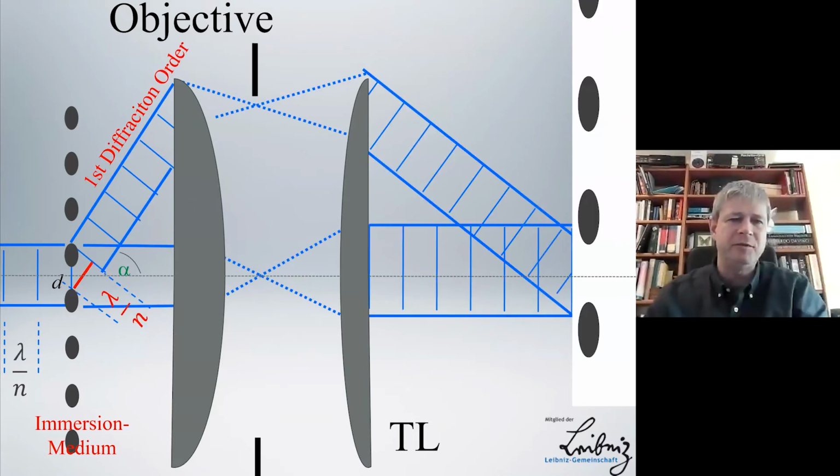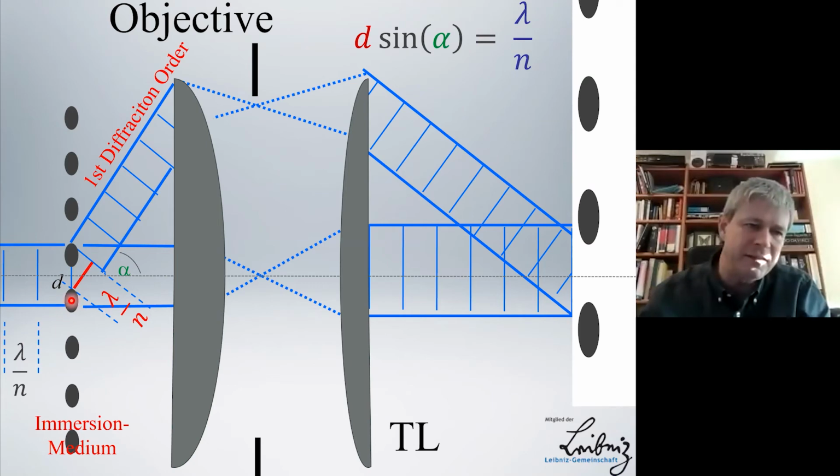And this first diffraction order is captured by the objective and ultimately has to make it through this objective. And this is indicated by this back focal plane aperture. And that's what we always relate things to. So this is the pupil plane. That's the diameter of our pupil. And then the light interferes in our image plane. And if you now do the math, you see that this distance here has to be lambda.